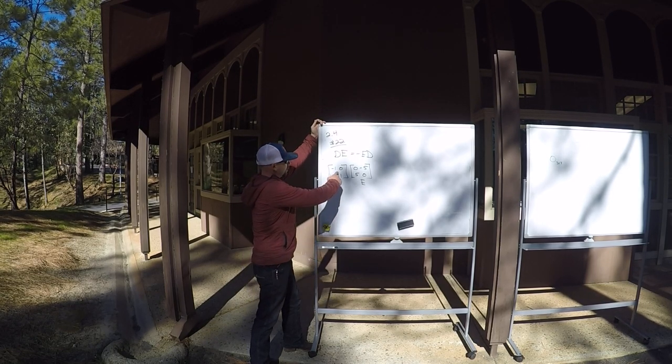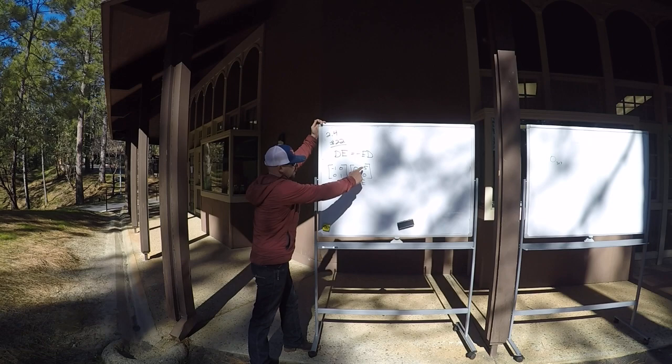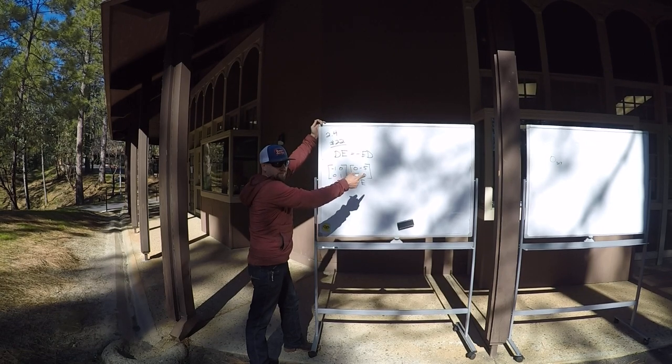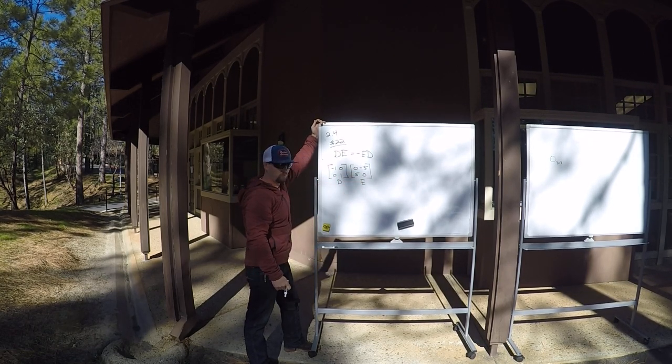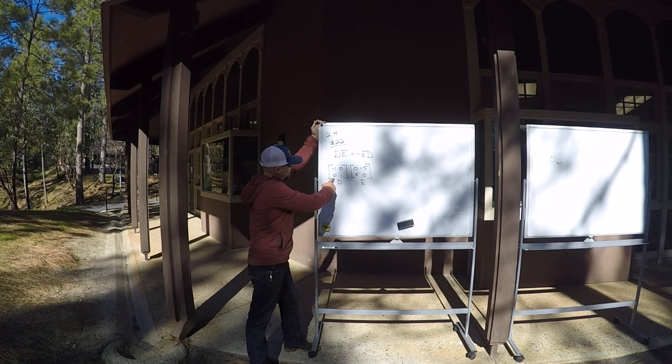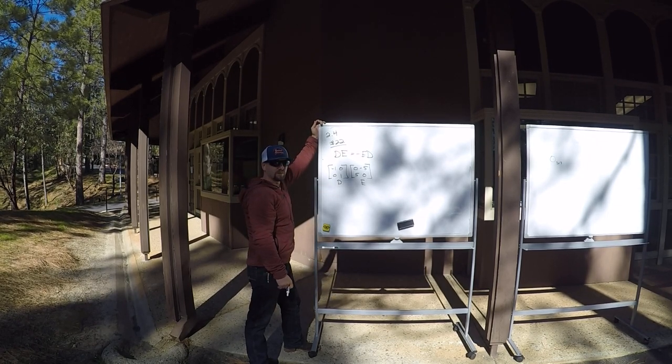Let's see. I guess I should talk about this one first. This one swaps, scales by 5, and adds a negative to the y component, right? And then this one adds a negative to the x component. You guys see that?